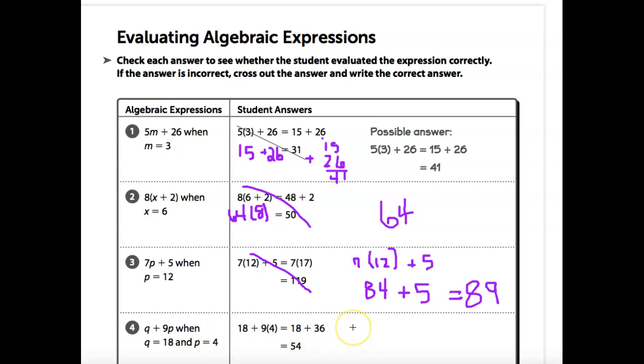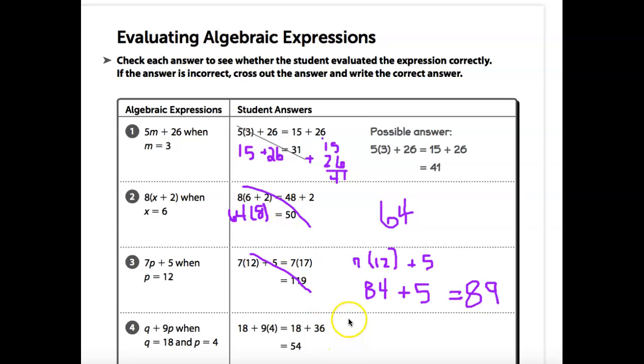So q plus 9p when q equals 18, and p equals 4. All right, so we write it like that. Q plus 9p. Let me change this to a text box.